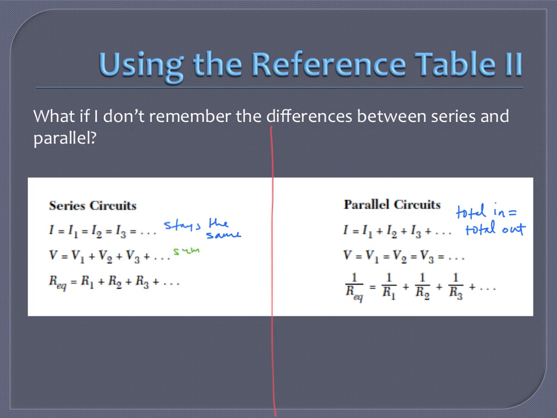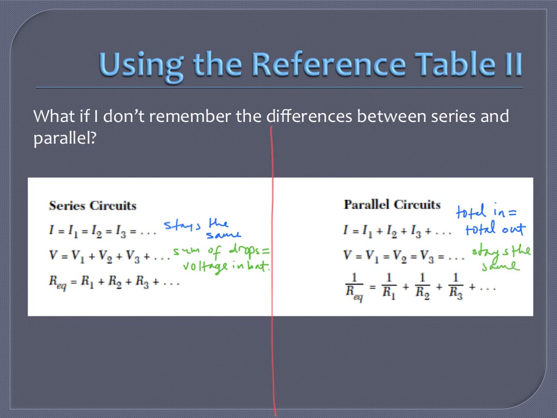So this is the sum of drops equals voltage in battery. Whereas here, this one stays the same in the parallel circuit, stays the same in each branch.